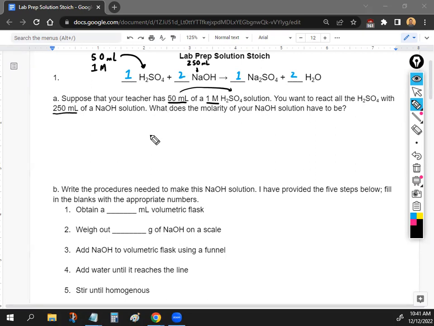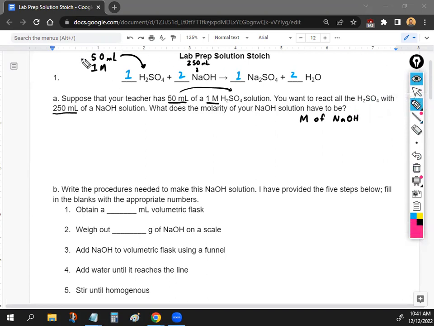So if it's asking what does, that's what you're looking for. So at the very end of the problem, you're going to be looking for molarity of NaOH. Okay. So we've organized all our numbers, and we know what we're looking for. We're looking for molarity of NaOH.